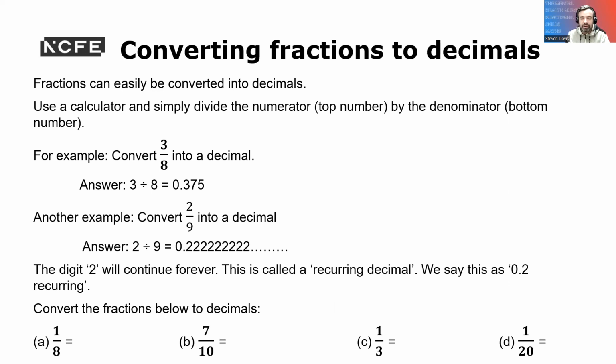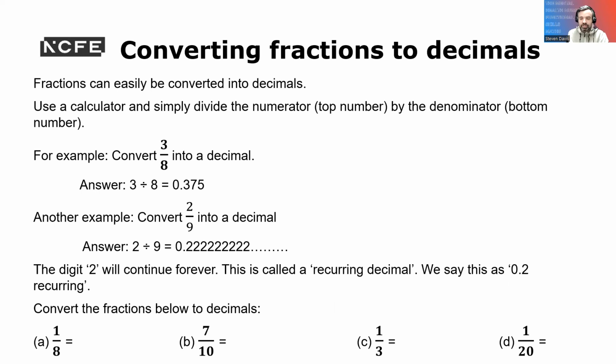Another example, convert 2/9 into a decimal. The answer is 2 divided by 9 equaling 0.222222222, and so on. The digit 2 will continue forever. This means it's a recurring decimal. We say this as 0.2 recurring.